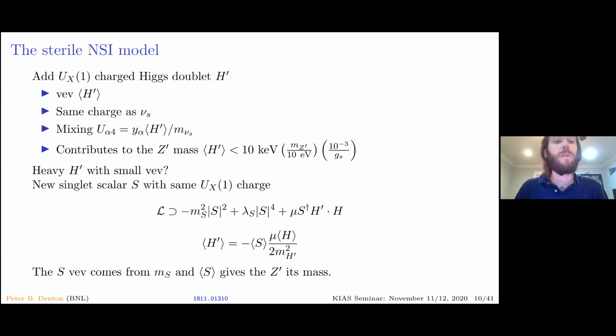So that's not so good. How do we get a new Higgs that's heavy enough to evade collider constraints while still having a small VEV? To that, we add in another particle, a scalar singlet, and this is what gives the Higgs doublet its VEV. All right.